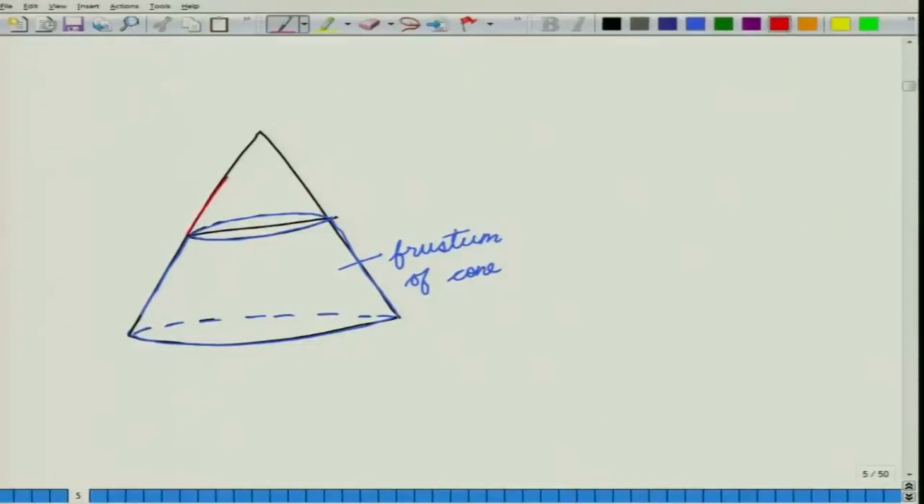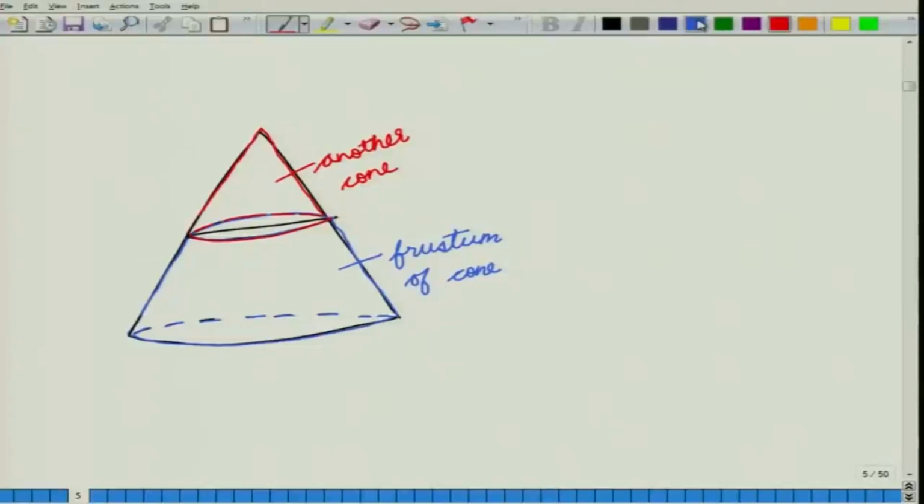The top portion incidentally is another cone. So, the frustum of a cone is a portion of a cone in which its top has been cut to give it two ends.